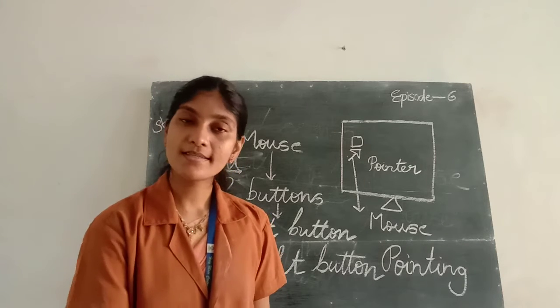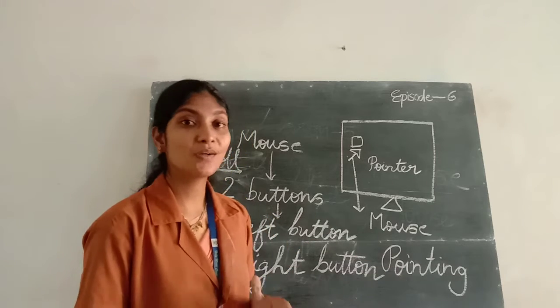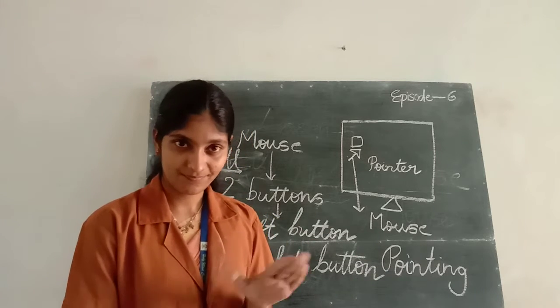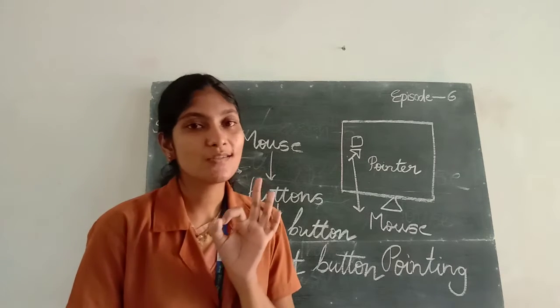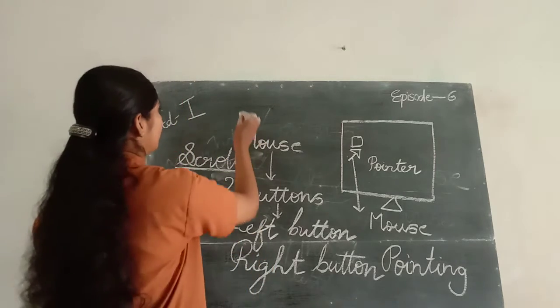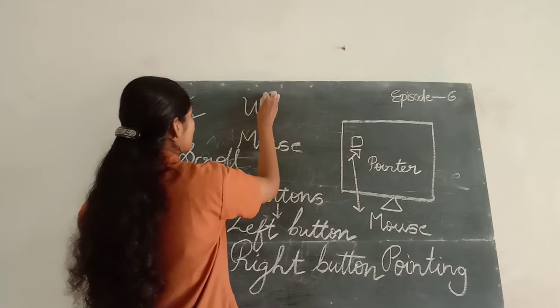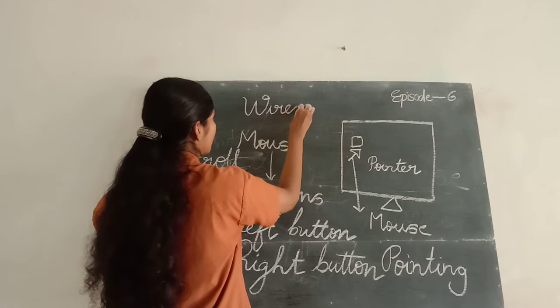And there are also wireless mouses available. It does not contain any wire. Like this picture, it does not contain wire. Such a mouse is known as a wireless mouse. So, wired mouse and wireless mouse.